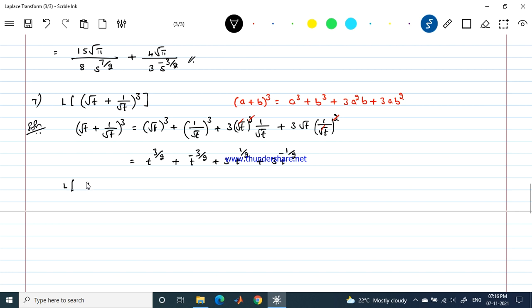So Laplace of square root t plus 1 by square root t whole cube is equal to Laplace of these individual functions, it is Laplace of t power 3 by 2 plus Laplace of t power minus 3 by 2 plus 3 times Laplace of t power 1 by 2 plus 3 times Laplace of t power minus 1 by 2.